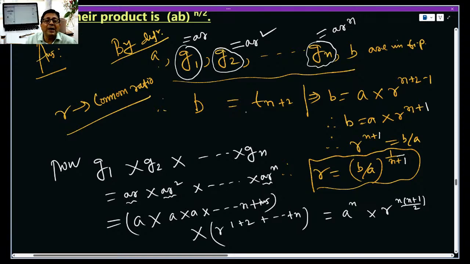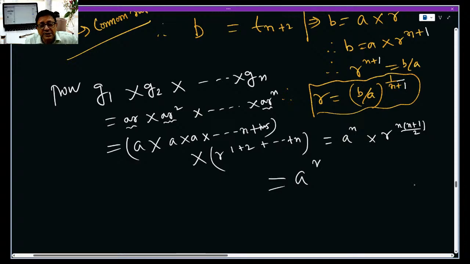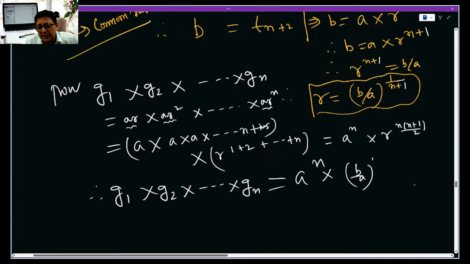So to prove that their product is (AB) to the power n by 2, I am taking this value of R here and substituting. Therefore the product G1, G2 up to Gn is going to be A to the power n, R to the power this means 1 by n plus 1.